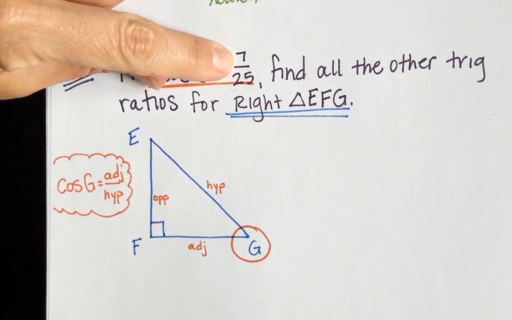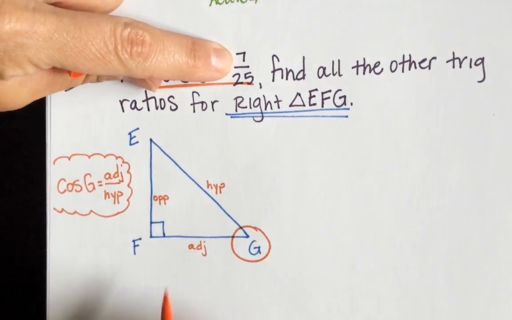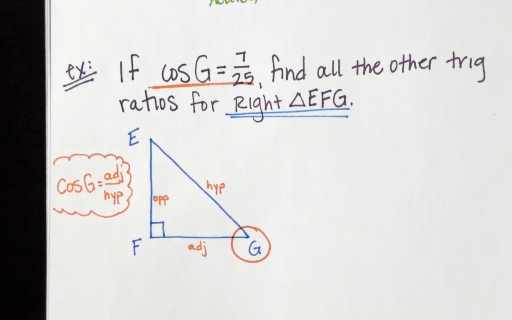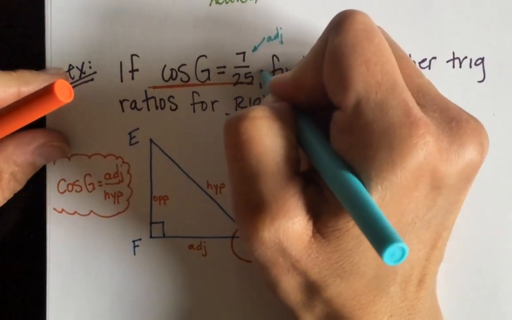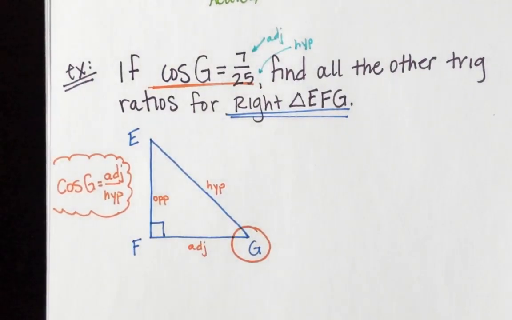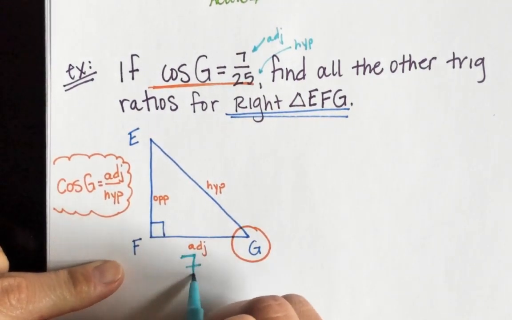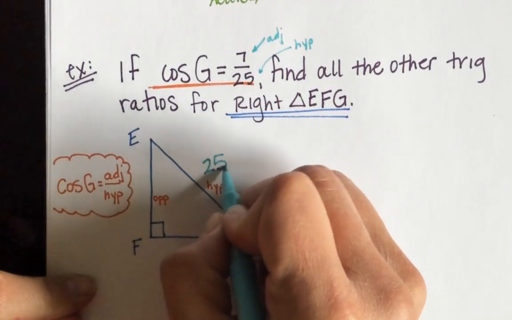And according to this, 7 has to be the adjacent side. So here's our adjacent, and here's our hypotenuse, because that is the definition of our trig ratio. So adjacent would be 7, hypotenuse would be 25.